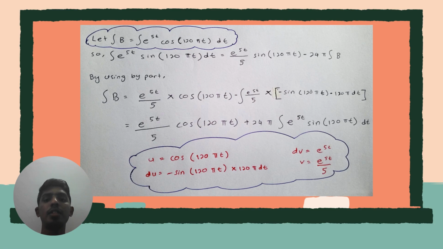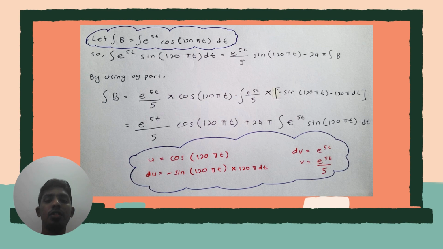Then by using integration by parts again, integral B equals, you write the equation of the IBP. Then you substitute into the equation. But first of all, do not make mistakes on the labeling of u and dv.